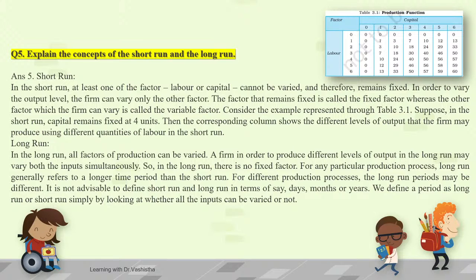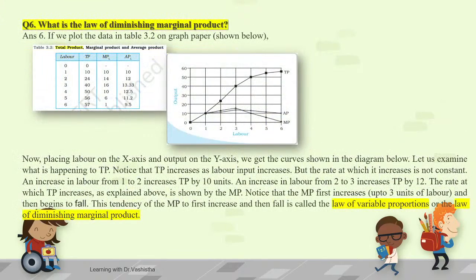For different production processes, the long run period may be different. It is not advisable to define short run and long run in terms of, say, days, months or years. We define a period as long run or short run simply by looking at whether all the inputs can be varied or not. Okay, so this is the difference between short run and long run.